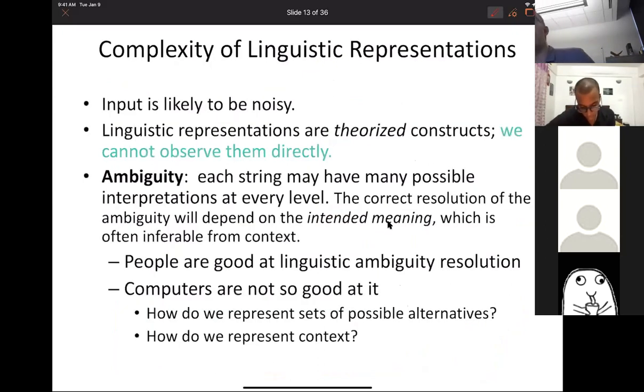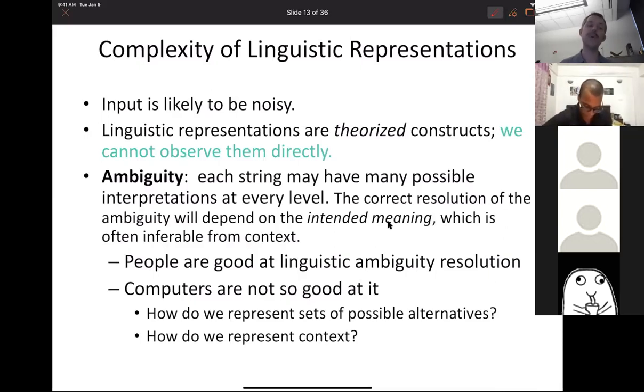And there are other problems too. So the input is likely to be noisy. Also, linguistic representations are theorized constructs. We can't go and observe them directly. We can't observe them in the physical world. We can't go inside of people's brains and observe them. They're theorized constructs.